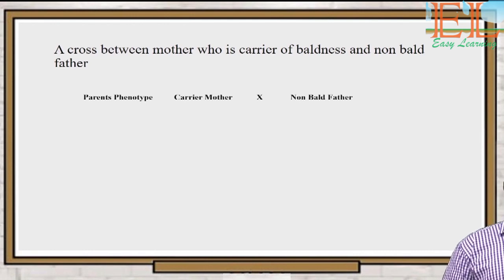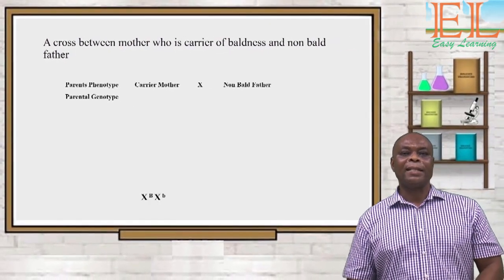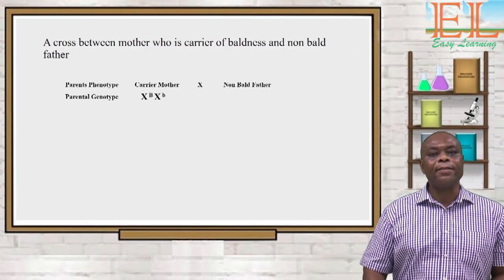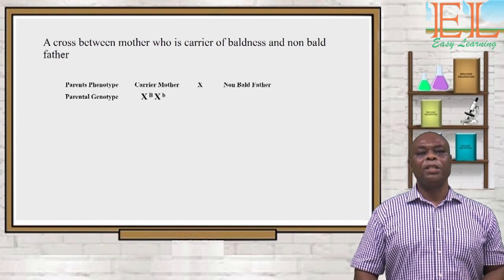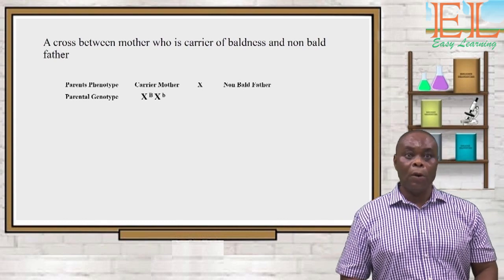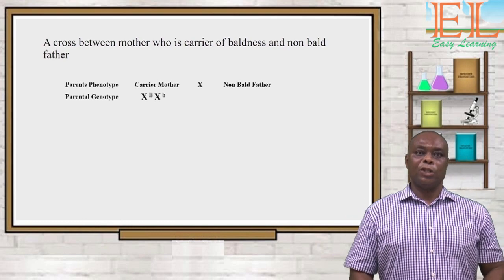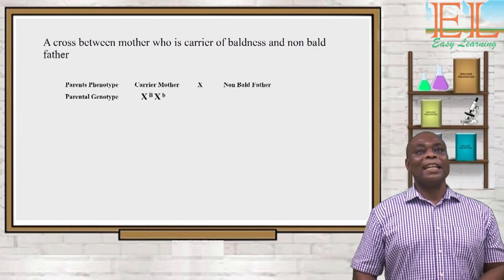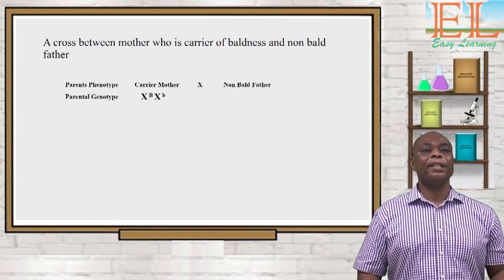Now we come to the parental genotype, where the mother has XX, but it is only one of the X that bears that character, which is the one with small b. The other one with capital B is dominant when it comes to that character. Hence, that woman will not show, but will carry it.